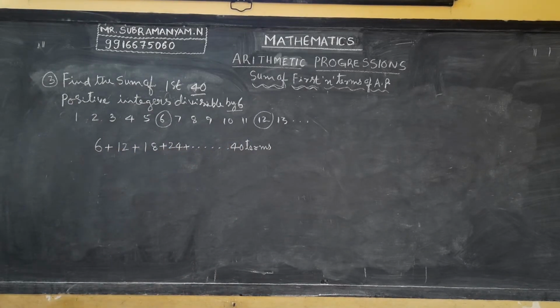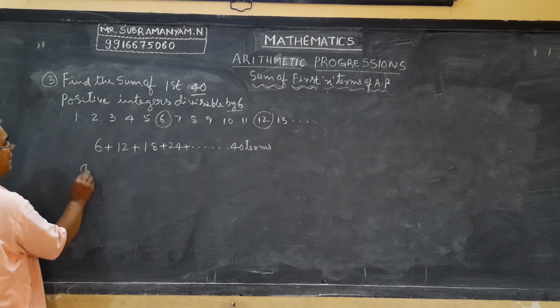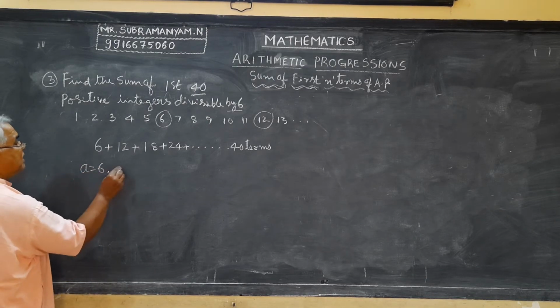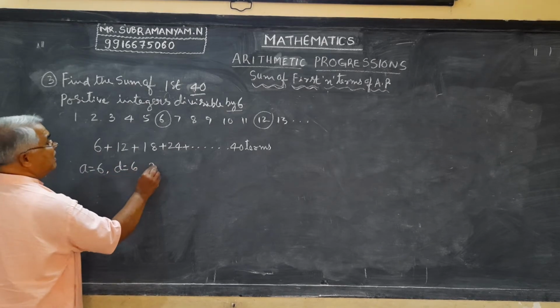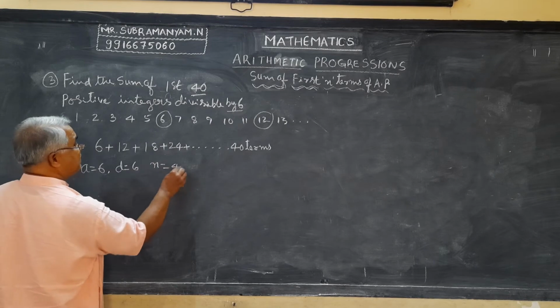Now, the question is condensed in this form. 6 plus 12 plus 18 plus 24, etc. 40 terms. We have to find the sum of 40 terms. What is the value of A? 6. D value 6. N value 40.